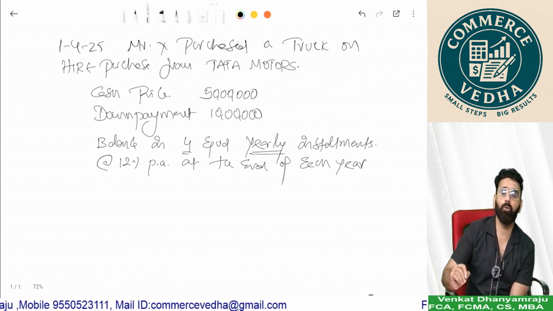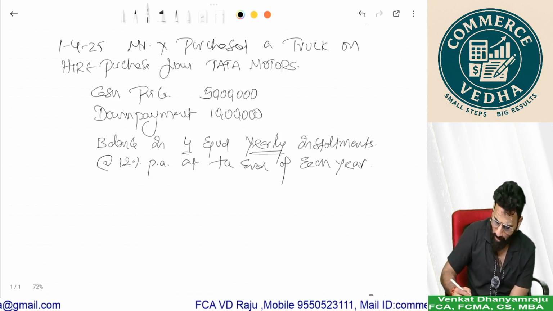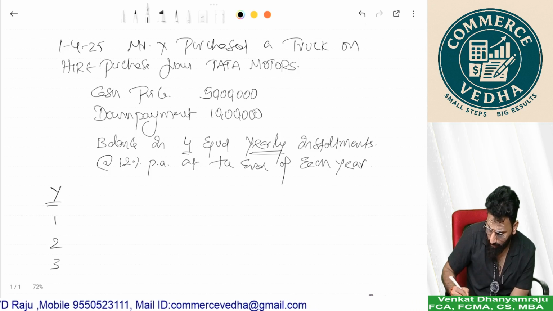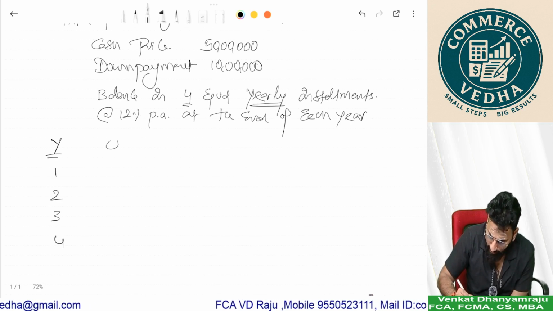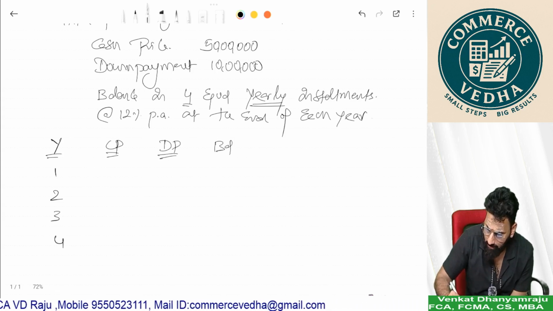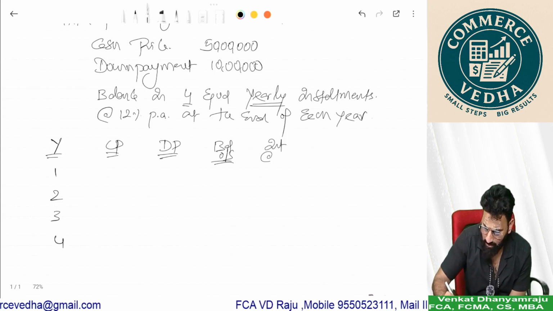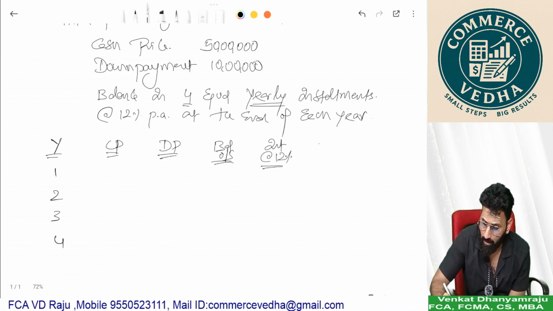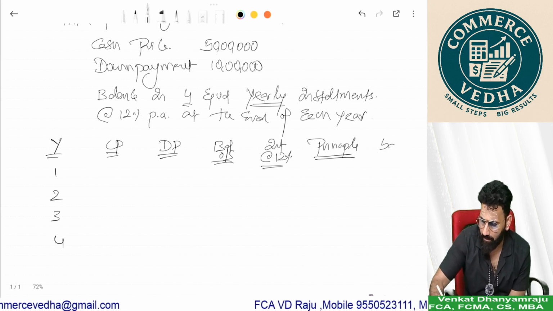So first we should compute what is the interest portion and what is the hire purchase price. So I'm just dividing it into year 1, 2, 3 and 4, and I'll write cash price, down payment, balance outstanding, interest at 12% and principal and balance.